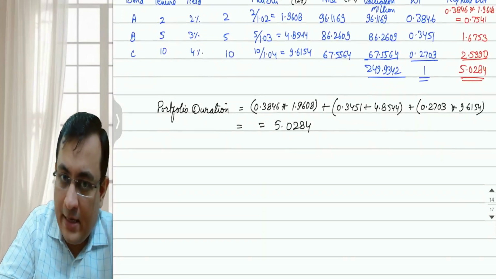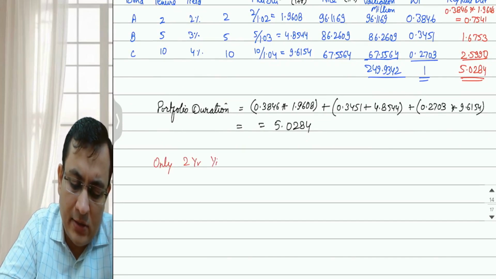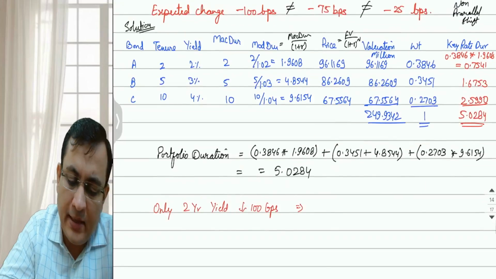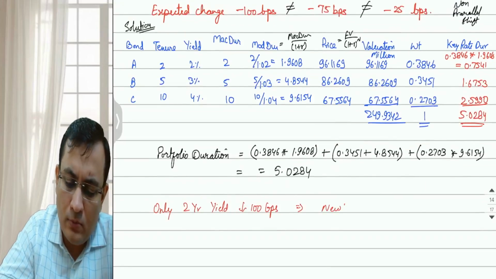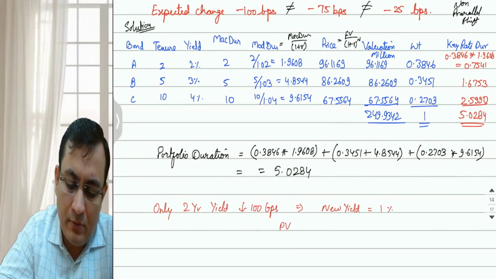So assuming only the 2-year yield is down by 100 basis points. Earlier it was 2%. Now the new yield will be 1%. The bond price will change. Of course, the PV of bond A will become 100 divided by 1.01 squared, since it's a zero coupon bond.